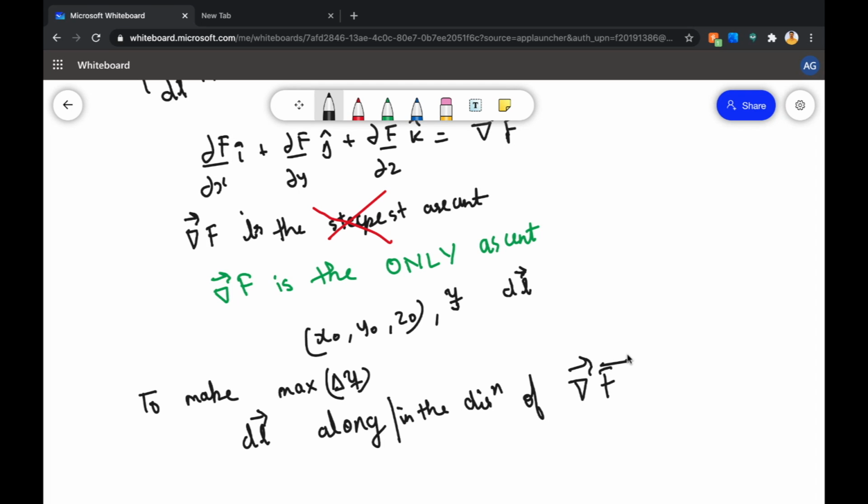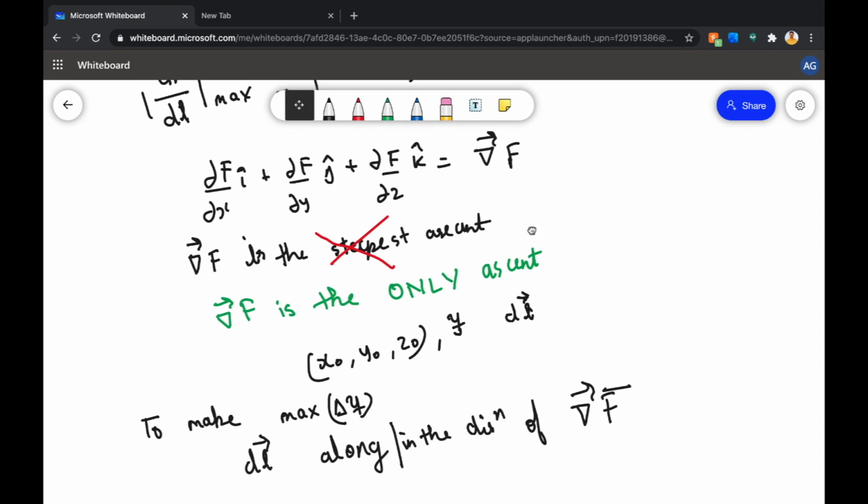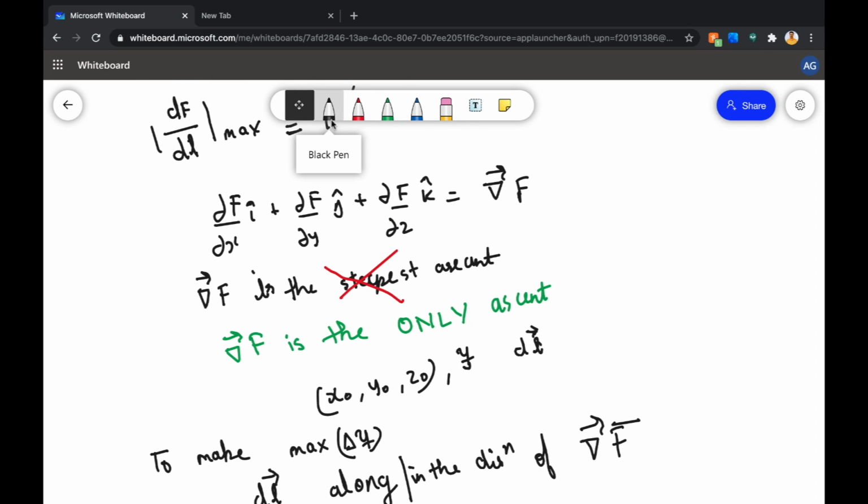You get me? So all I want you to see here is grad of f is not the steepest ascent or something like you might find in many of the famous textbooks. In fact, grad of f is the only direction of change at point x naught comma y naught comma z naught when you plug this x naught y naught z naught over here.